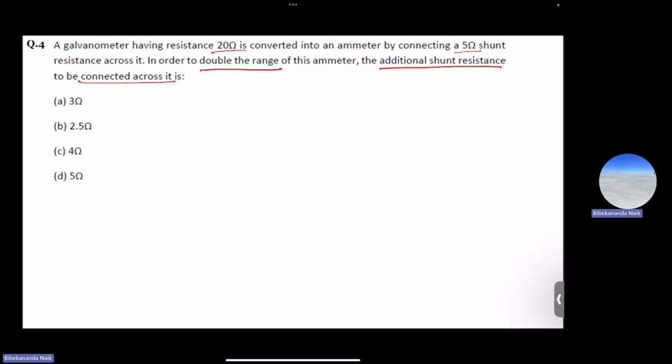We know a moving coil galvanometer can be converted into an ammeter by connecting a low resistance shunt in parallel. Initially it was 20 ohm and we connected another low resistance of 5 ohm.